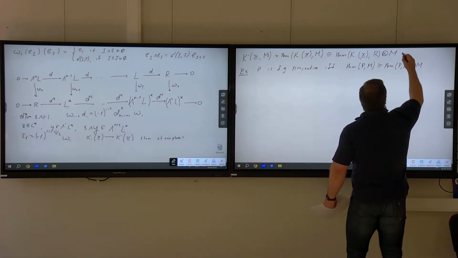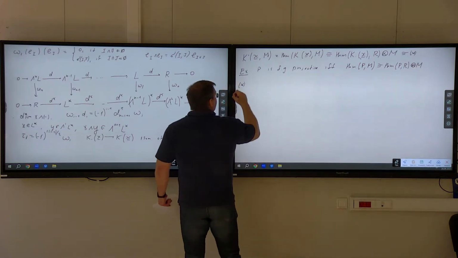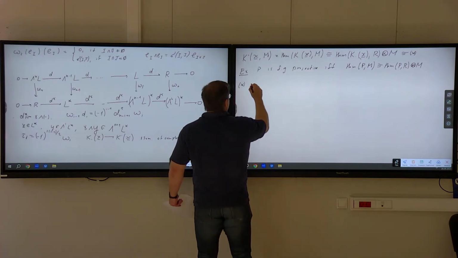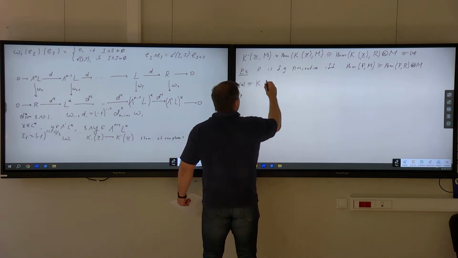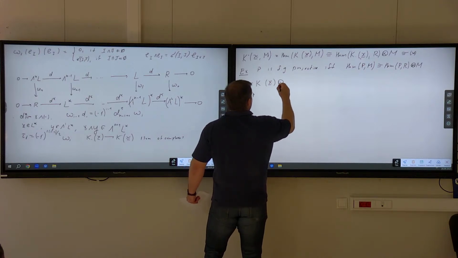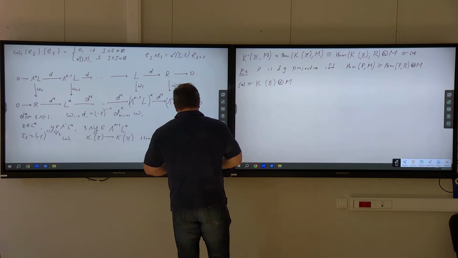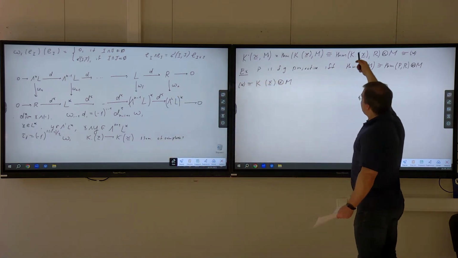So if I say that this is isomorphic to the star, I can replace this by the K lower star of x. I'm doing two things. First of all, by definition, this is K with the upper bullet.